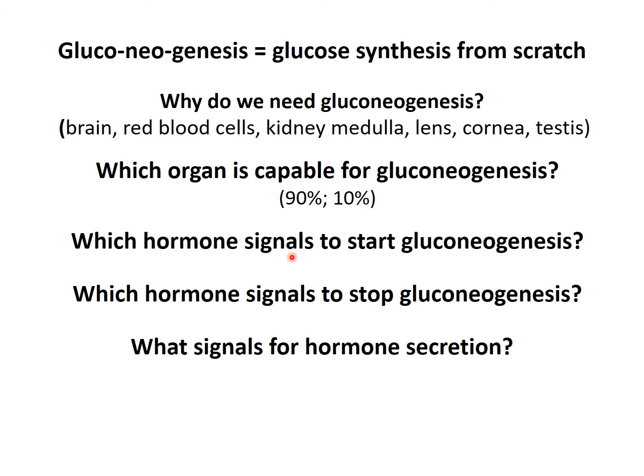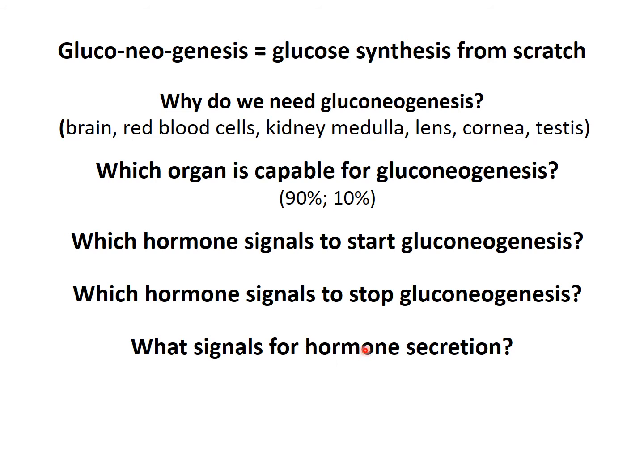Now, which hormone signals to start gluconeogenesis? Which hormone signals to stop? And what is the signal for hormone secretion? So let's start from backwards. Why do we need gluconeogenesis and when? We need it to continuously feed cells that rely on glucose.